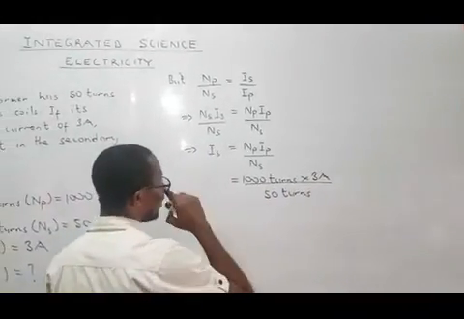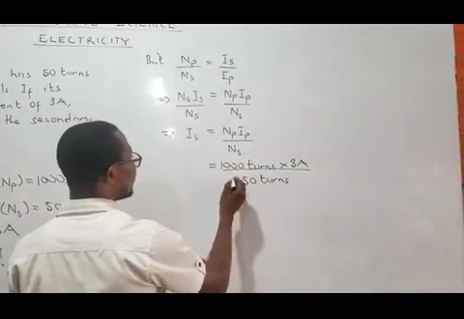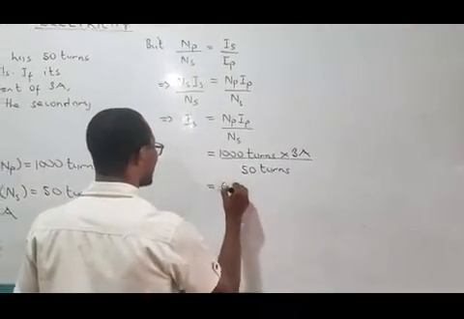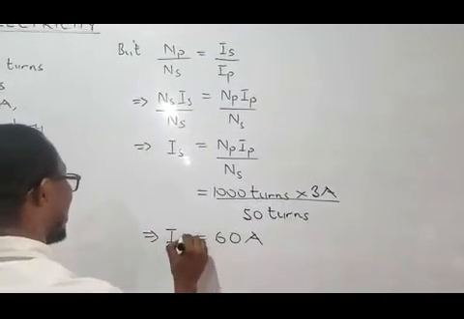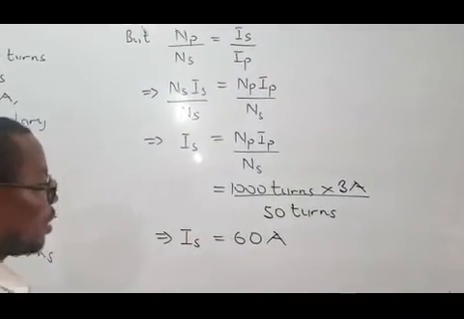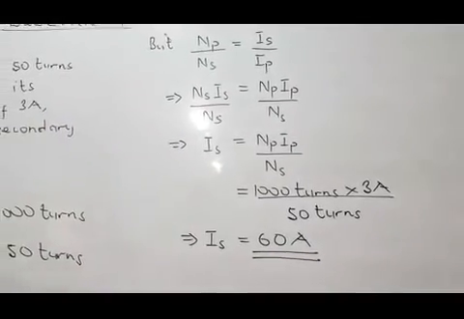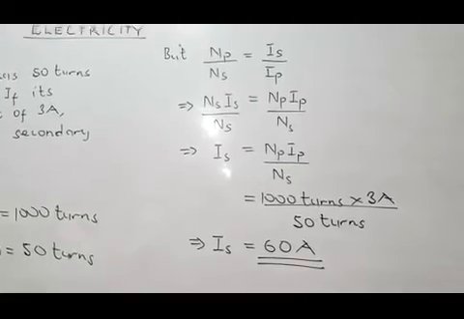The turns cancel out. 5 goes into 100, that is 20. 20 times 3 will give you 60. So 60 amperes. So the current in the secondary coil is therefore equal to 60 amperes.